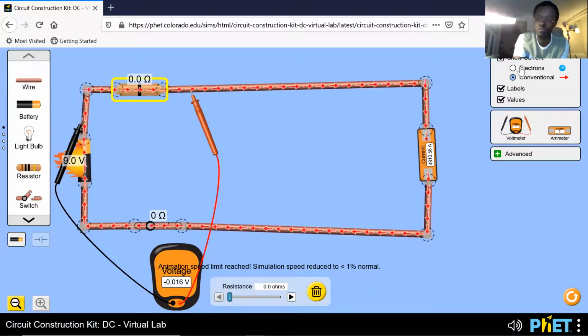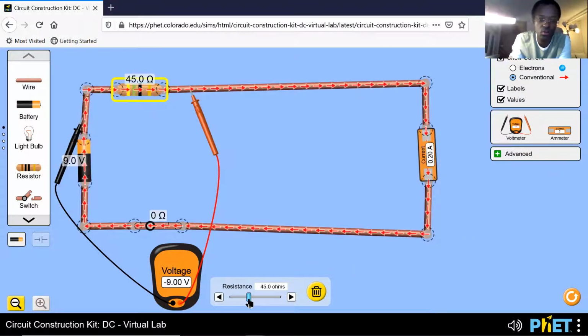So maybe let me go back to electrons. Okay, conventional current is also fine. But the charges are flowing very fast. But as I increase the resistance, they flow more slowly. Increase more, they flow still more slowly. That makes sense, right? Because less current.